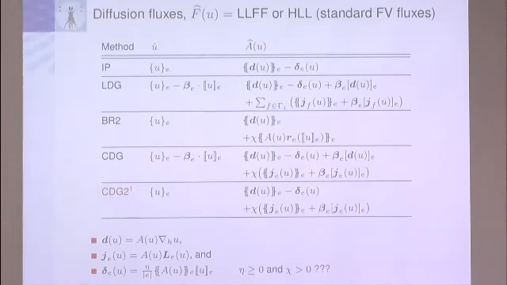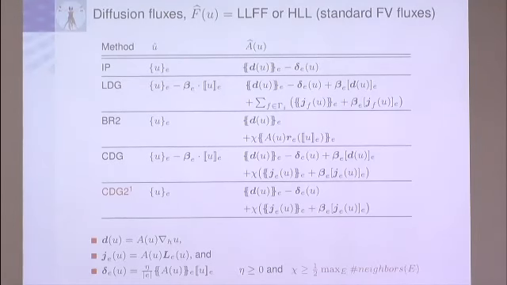So we tested, implemented and compared these five methods: the interior penalty, the LDG, BR2, CDG, and finally we came up with a new method called CDG2, since we figured out that it's a bit more efficient than all the other ones. I don't go too much into the details.